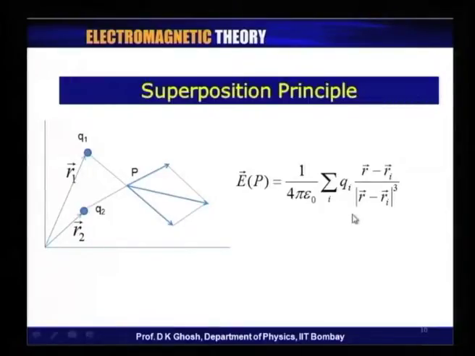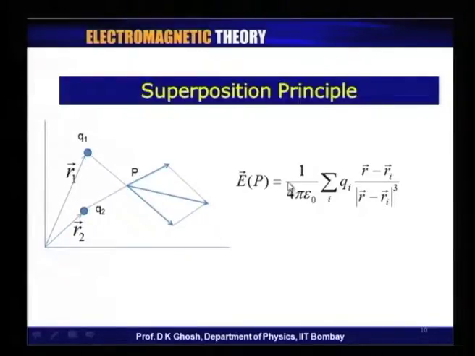Now, if I generalize it to multiple charges, then the electric field E at the point P is equal to 1 over 4 pi epsilon 0 sum over i, q_i, which is the ith charge located at the position r_i, times the vector r, the position vector of the point P with respect to our origin, minus r_i, divided by the magnitude of r minus r_i cubed.